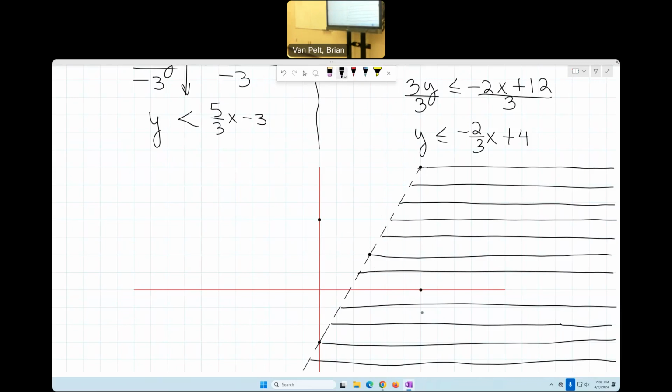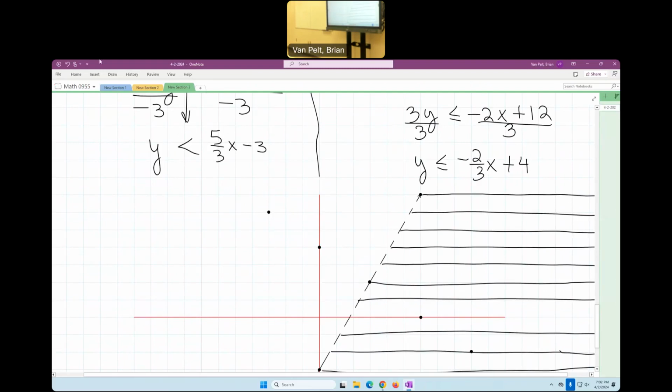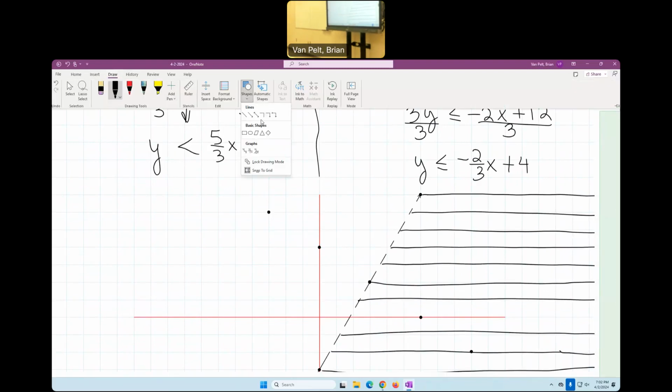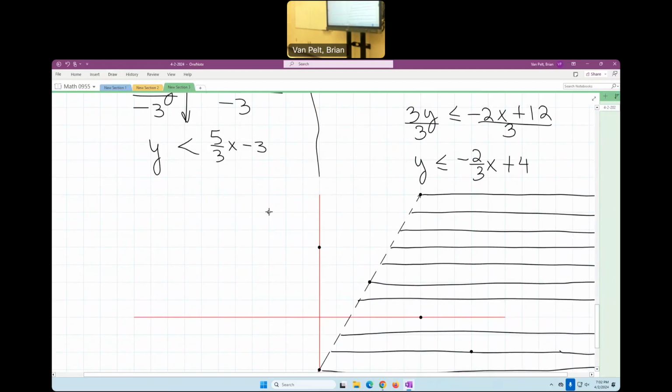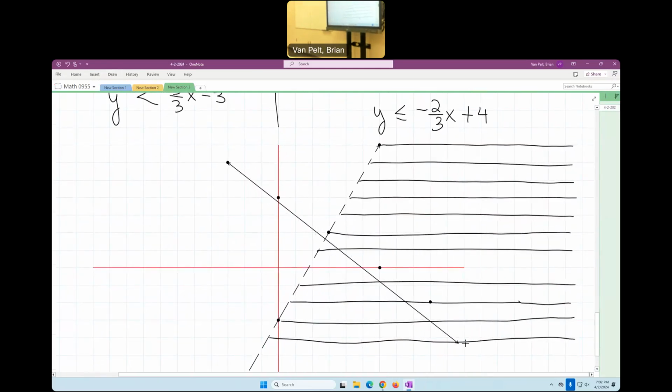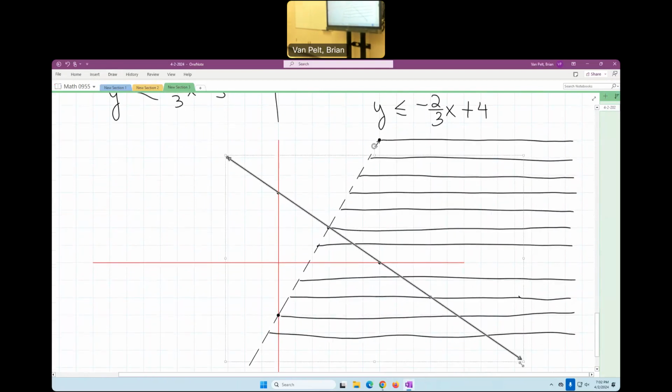Now this one's a solid line. All right, now this one here is less than or equal to, so which way should I shade this one?